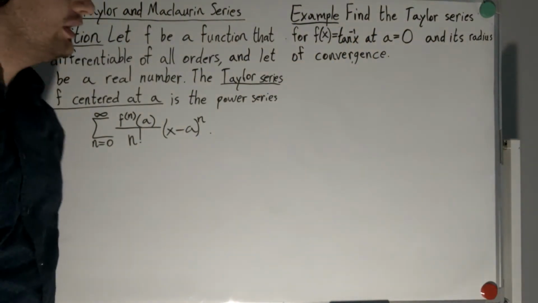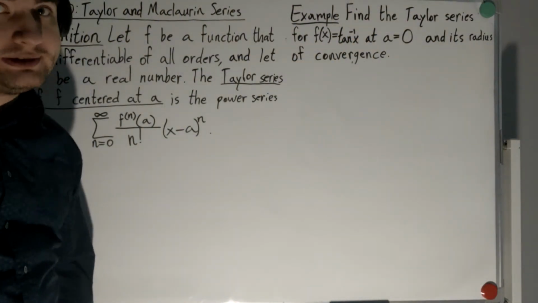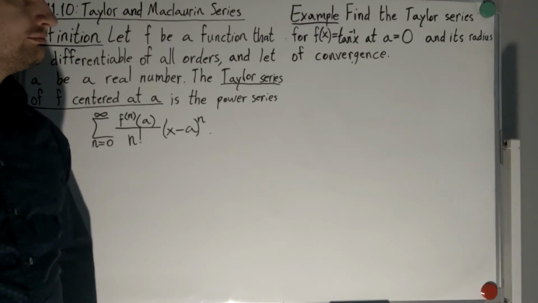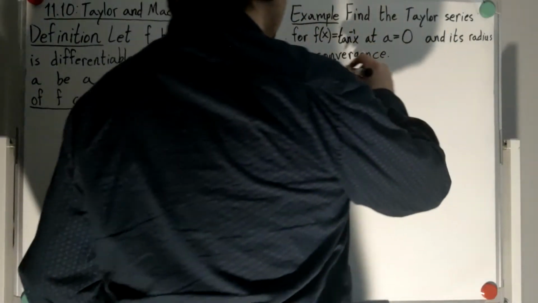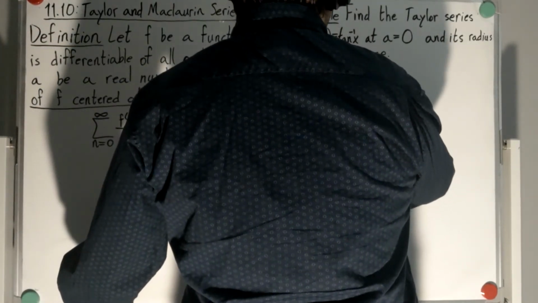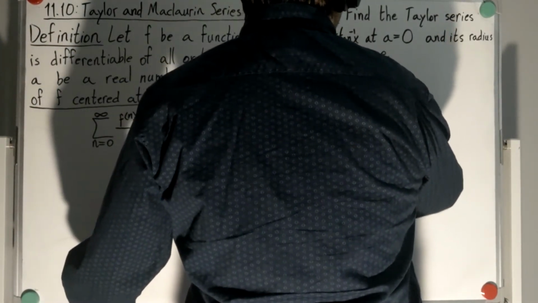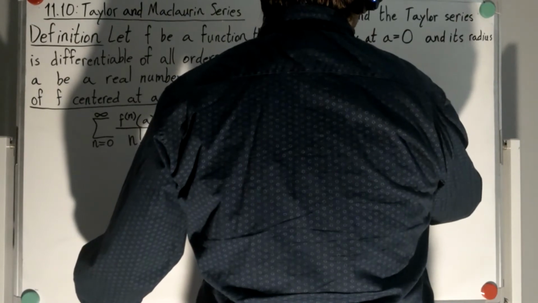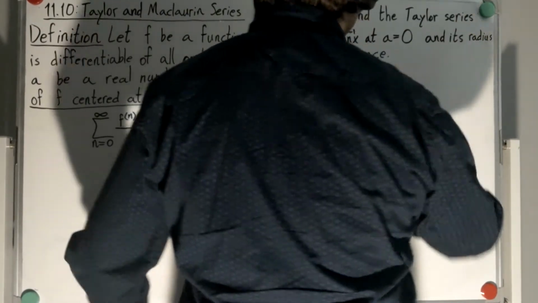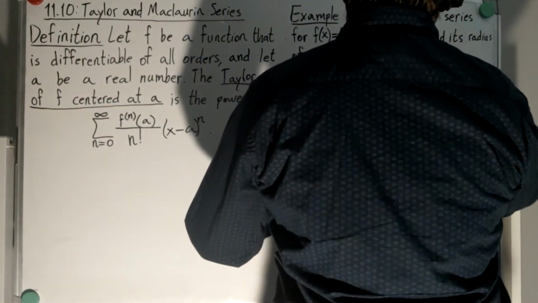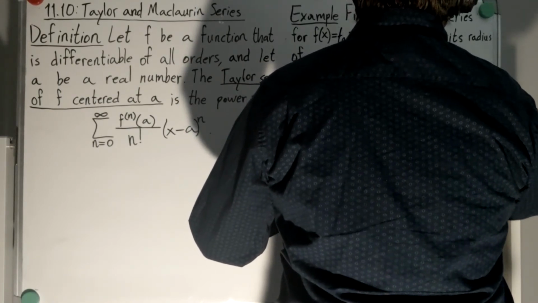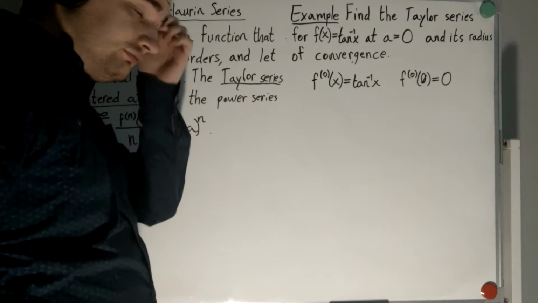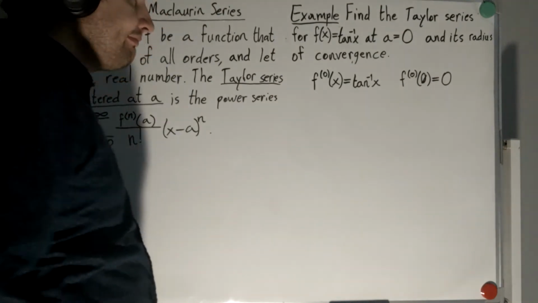And in this case, it's going to be the Maclaurin series because it's centered at 0. Okay, here's how it works. So the 0th derivative is just the original function, and that's just arctangent x. You evaluate this at 0, and you get arctangent of 0, which is 0. Okay, looks good so far.